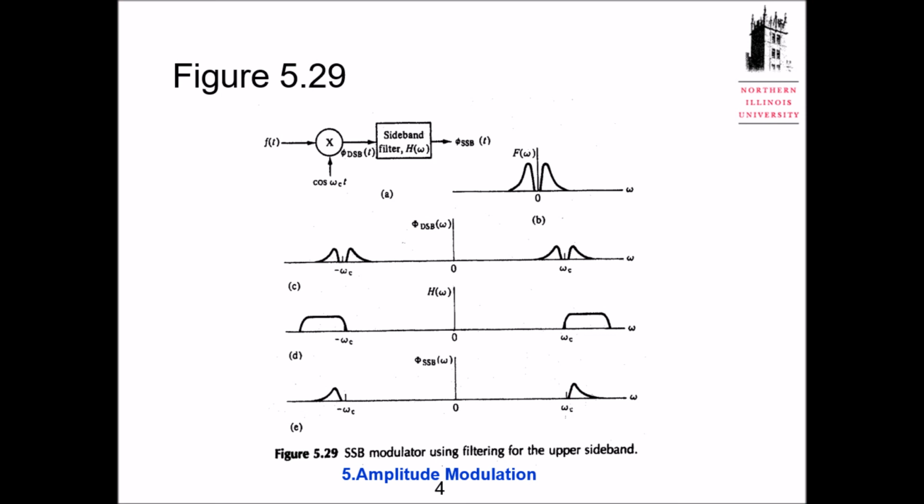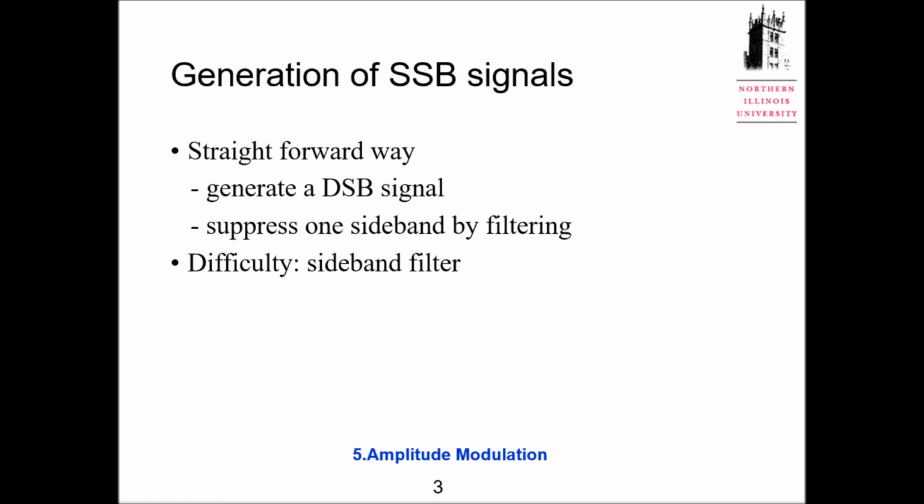So if the upper band and lower band are very close to each other, you don't have a good filter to remove one and keep the other one. So that's why they say the sideband filter is difficult if your two sidebands are very close with each other, because the ideal sideband filter is also very hard or even impossible.